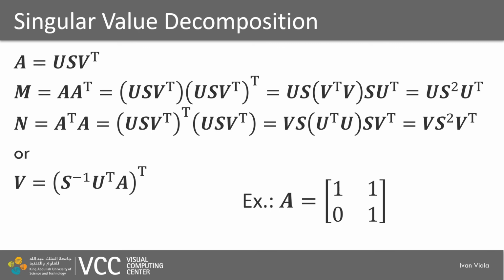However, for our matrix A, we cannot find the eigenvalues and eigenvectors. Therefore, we will compute the singular value decomposition. So the singular values will be placed on the diagonal matrix. And how do we calculate that?